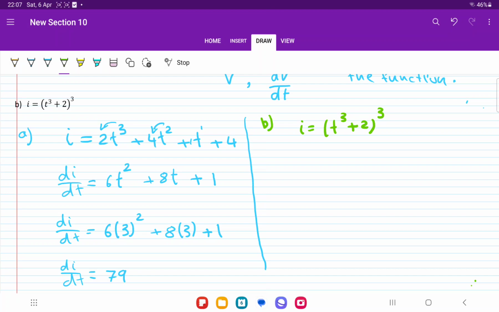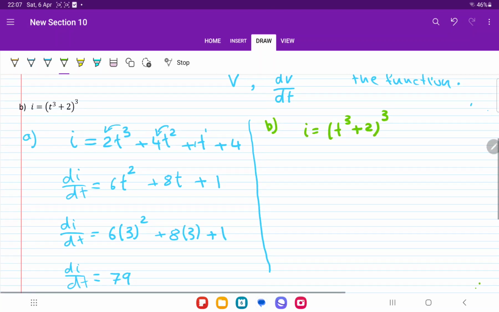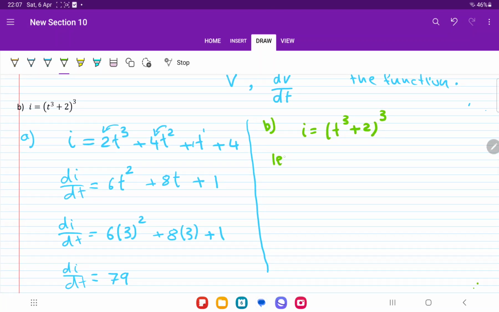So to differentiate that, I'm going to say let u be whatever is inside the bracket. So inside the bracket is t cubed plus 2. So if that's all u, then I will be u all to the power 3.